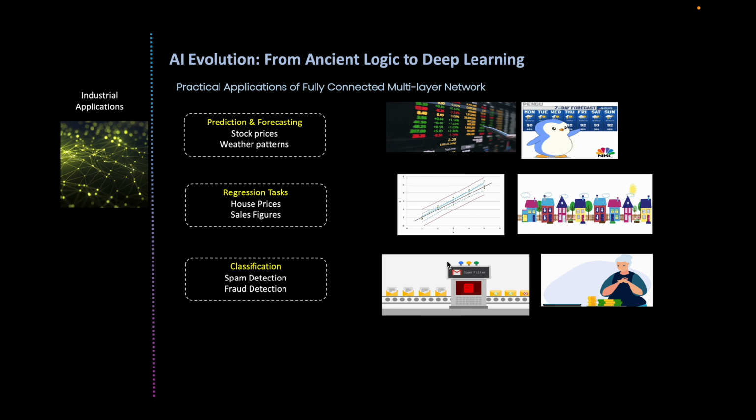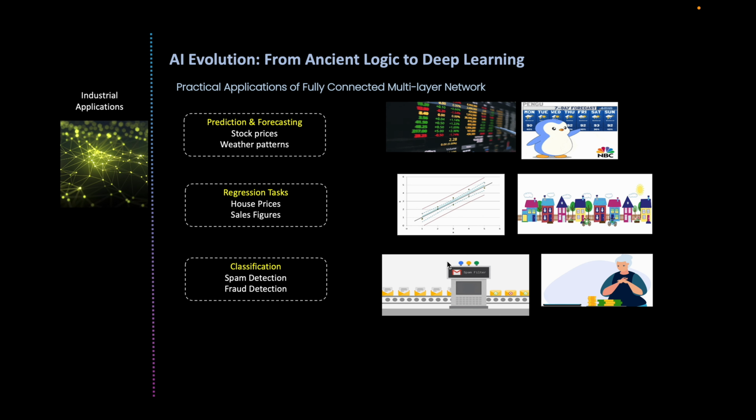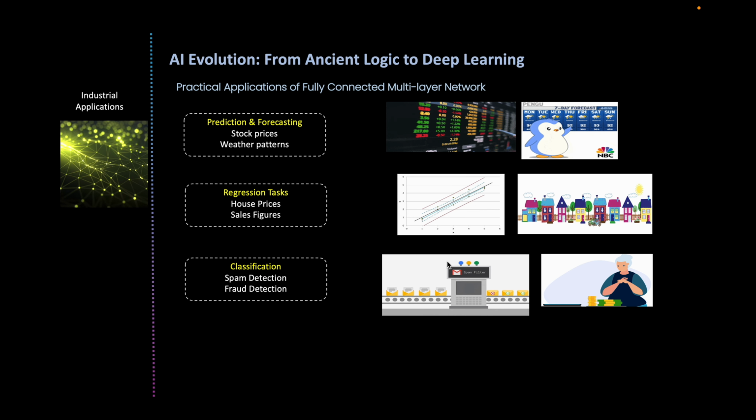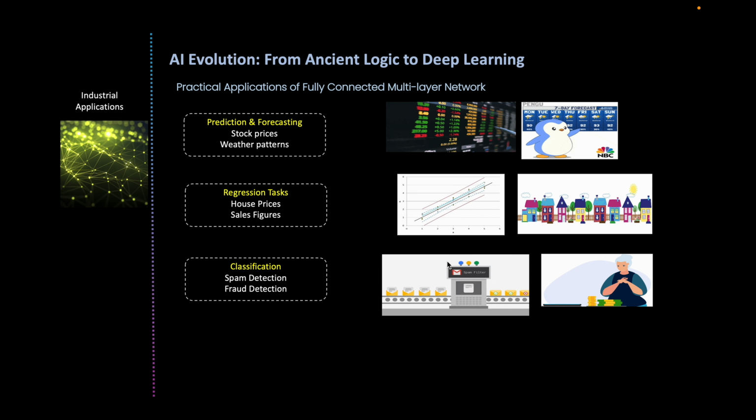And next we will see the usage of MLP in classification task. These MLP models are used in spam detection and fraud detection. So these are all called classification models. Before the era of AI, the spam detection was done using a rule-based engine.